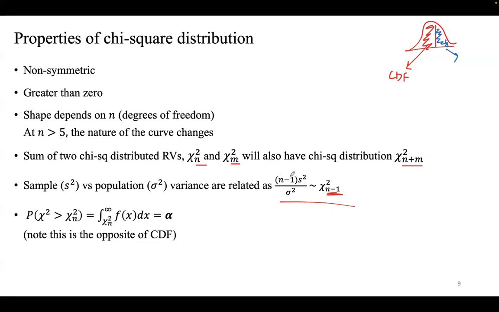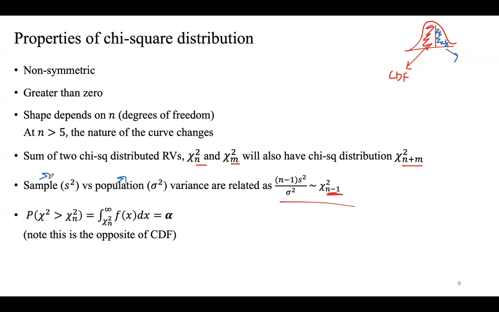Now if you remember the discussion on sample and population variance, there are two different terms, right? When you're calculating variance, you're dividing by n. That is the formula for the population variance. Instead, if you want to calculate sample variance, you need to divide by n minus 1.